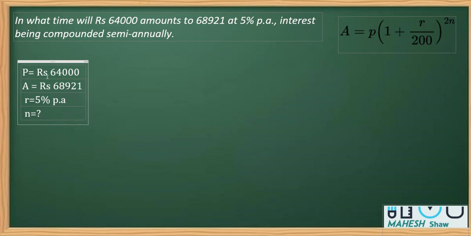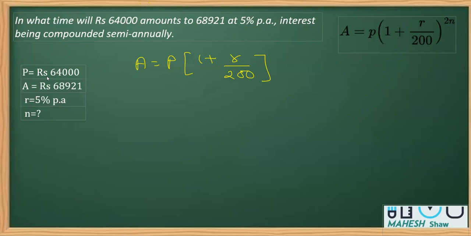Now, the first thing that we do is to write down the formula involved for calculating. So that is A is equal to P bracket 1 plus R over 100, oh, this is R over 200 because it is semi-annually, raised to the power 2n. Next, what we need to do is to replace these symbols with their values.